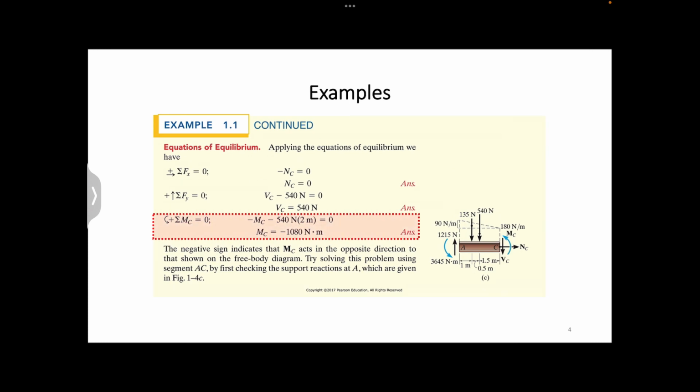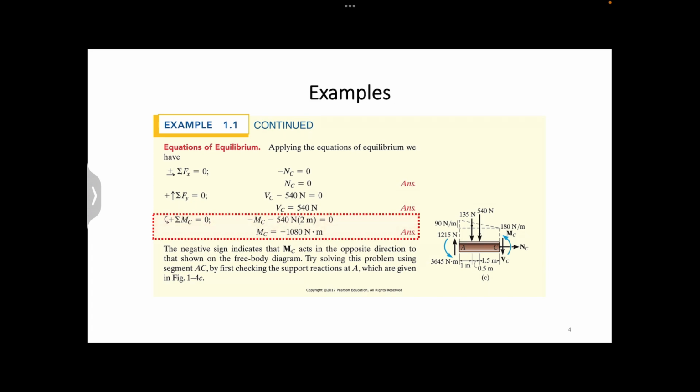Finally, based on sum of moments about point C, we can find the internal bending moment at C to be minus 1080 Newton meter. The negative sign of MC simply indicates MC acts in the opposite direction to the one shown on the diagram. So we have all the answer to the question.